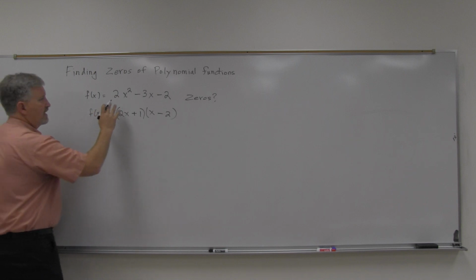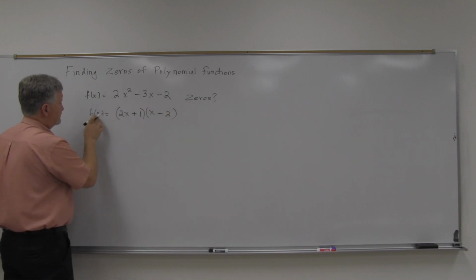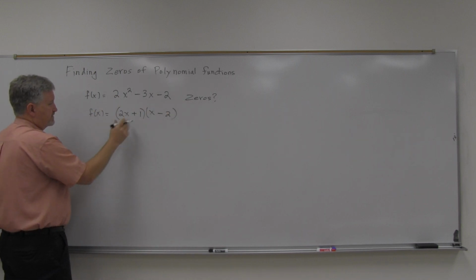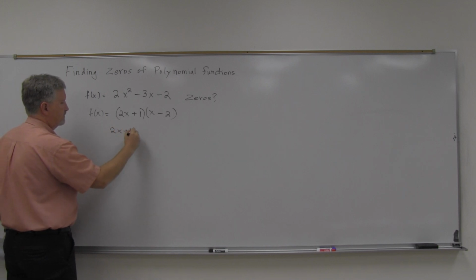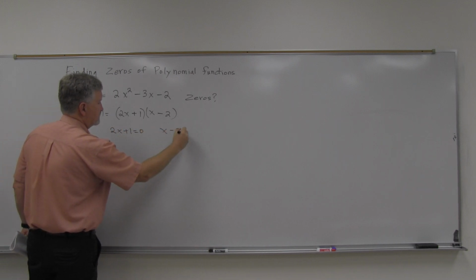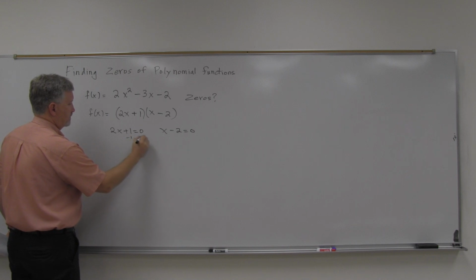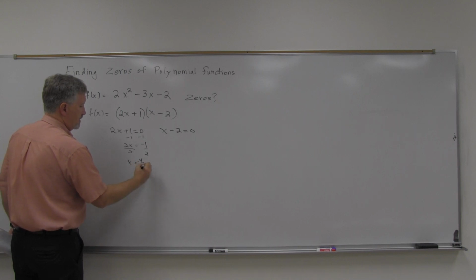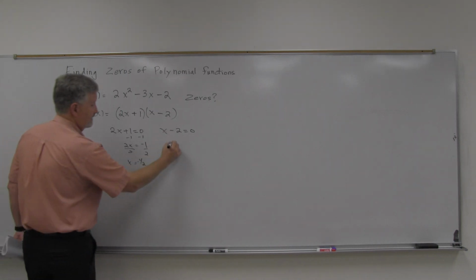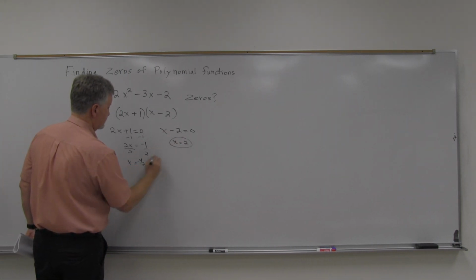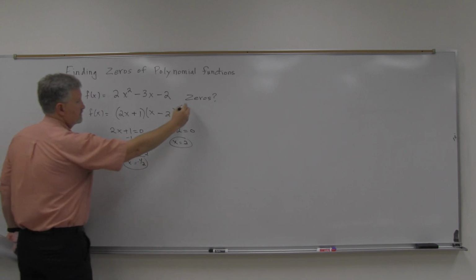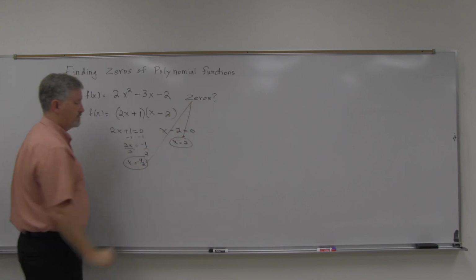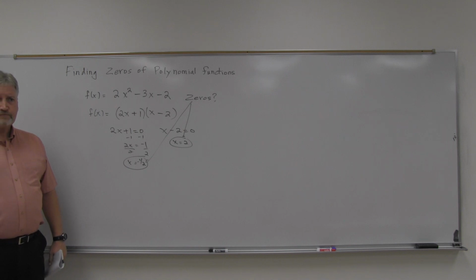And then I want the zeros, what makes the function value 0, so I'm just going to set these equal to 0, and those will be my zeros. Subtract 1, divide by 2 here, so we got negative 1/2 is one of the zeros, and of course add 2 here. So those two are my zeros for this function.